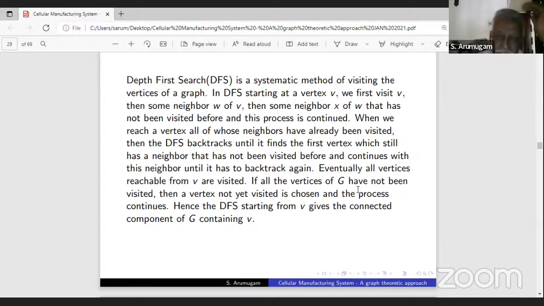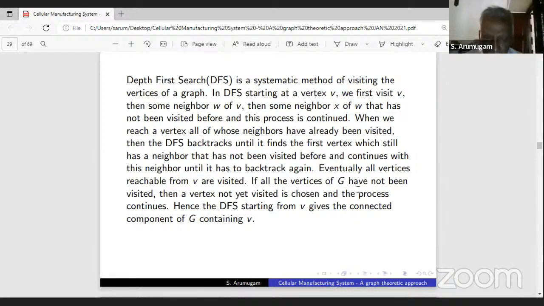Not only that, the vertex set of each component it will also give you. So DFS is a powerful searching algorithm to visit all the vertices of a graph in a systematic way.